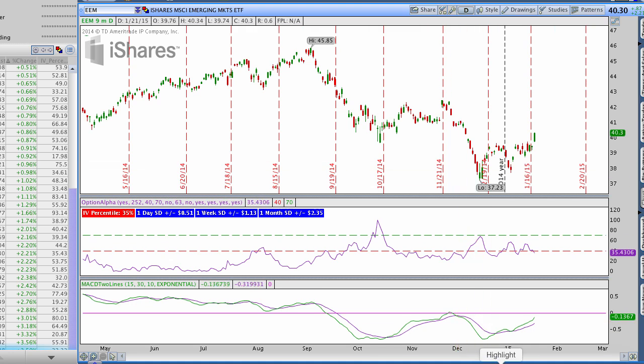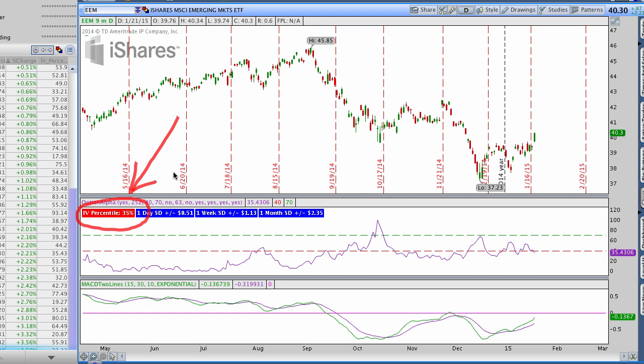In this case, we're going to choose to do a debit spread because implied volatility is very low. You can see that the IV percentile here, or the IV rank, is at 35. And that means that historically, going back over the last year, implied volatility is usually higher than where it is right now.